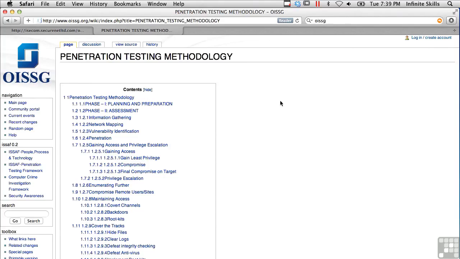So there's not a cookbook here of these are the steps you take. It's a methodology document where at a somewhat high level, you want to talk about the different steps you would take to achieve the different goals that you have for your penetration test or your security assessment or your ethical hacking engagement. And that's the purpose of a methodology.